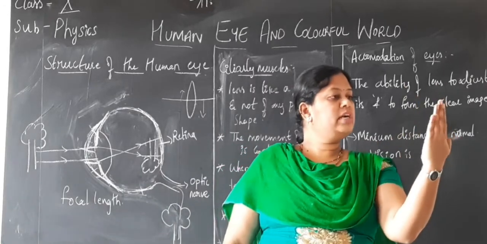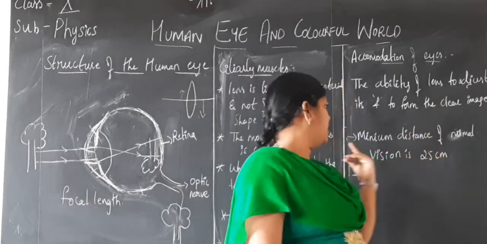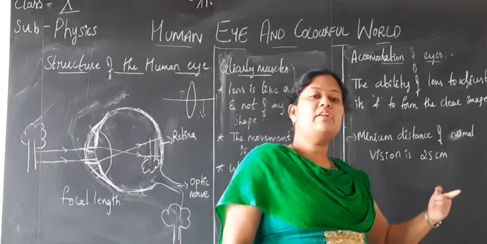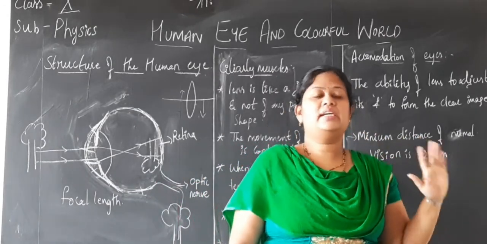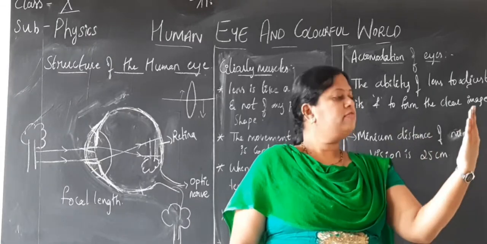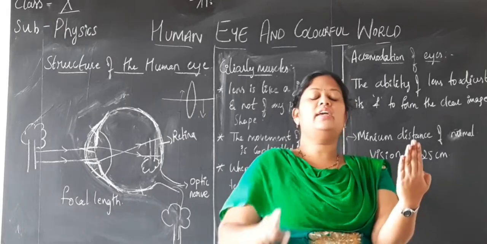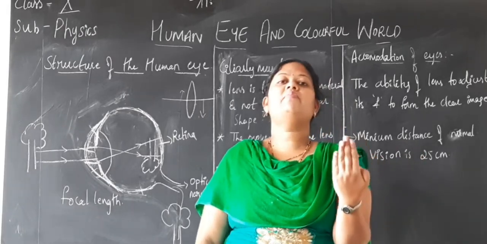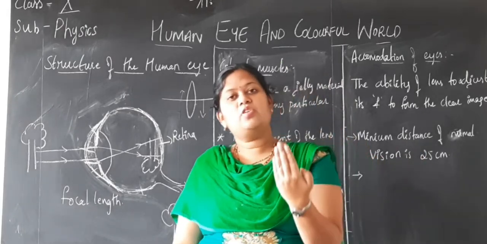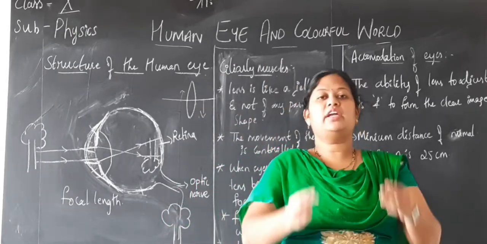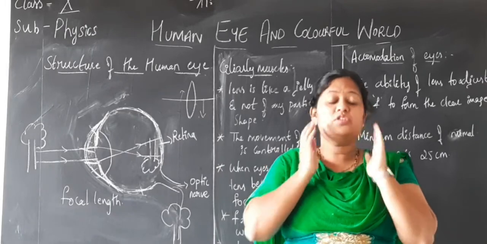There is some normal distance you have studied, I think, in your lower classes as well. It is called the minimum distance of normal vision, or distinct vision, they say. Distinct means clear vision. If you hold the book at this distance from your eyes, children, you can clearly read. When we made you read the textbook in the class, we asked you not to keep it on the bench and read, or not to keep it so close to your eyes.